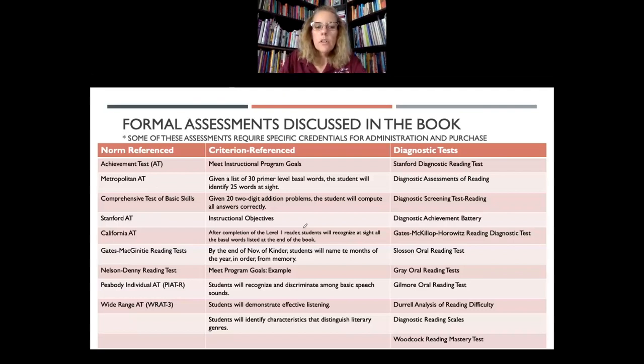You'll see here you could give a list of primer level basal words. These could be high frequency words or Dolch-Yopp words, where they are words based on spelling patterns. And then you can say the student will identify 25 of the 30 words correct. So if they're doing that, they're setting their criteria as 25 words, and we're giving 30 words. The kid's either above it at 26 words or below it at 24 words.